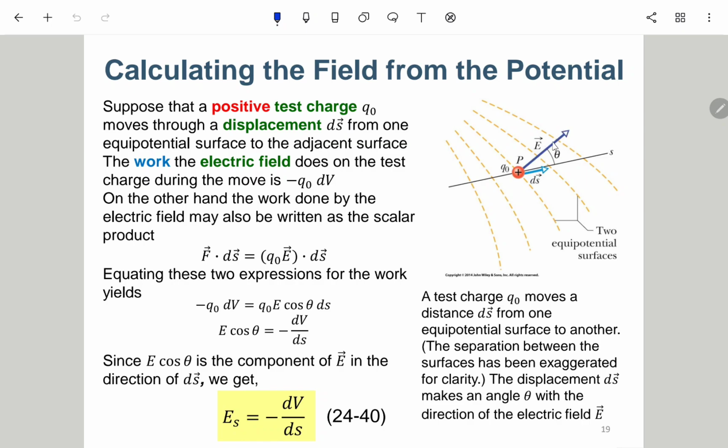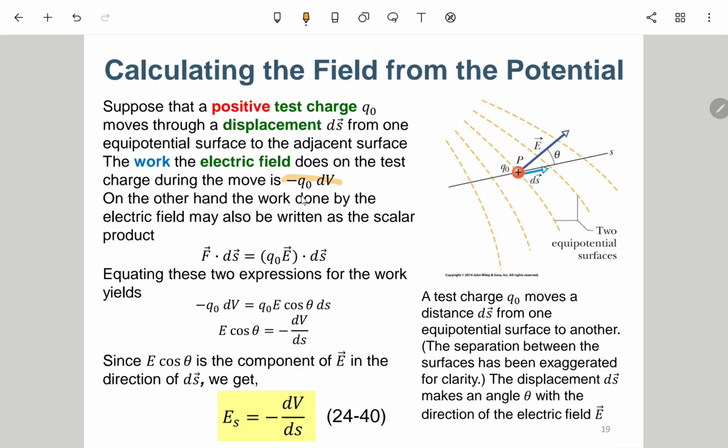I mentioned last time that the E field at that point should be perpendicular to the equipotential surface. So at this point we assume the E field line is pointing to the top right direction, and this is the work done.